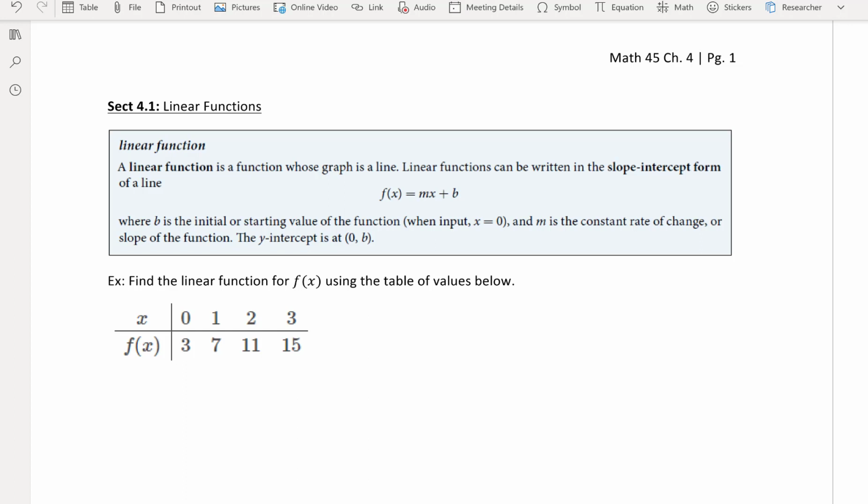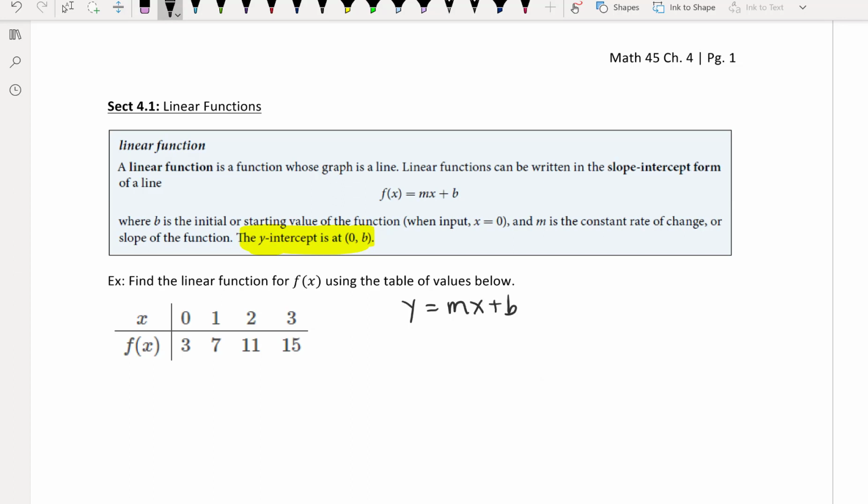So we know that the y-intercept is always going to be that special ordered pair when x is equal to 0, okay? So it says to find a linear equation for the following table. So remember, our goal is to write it in y is equal to mx plus b.